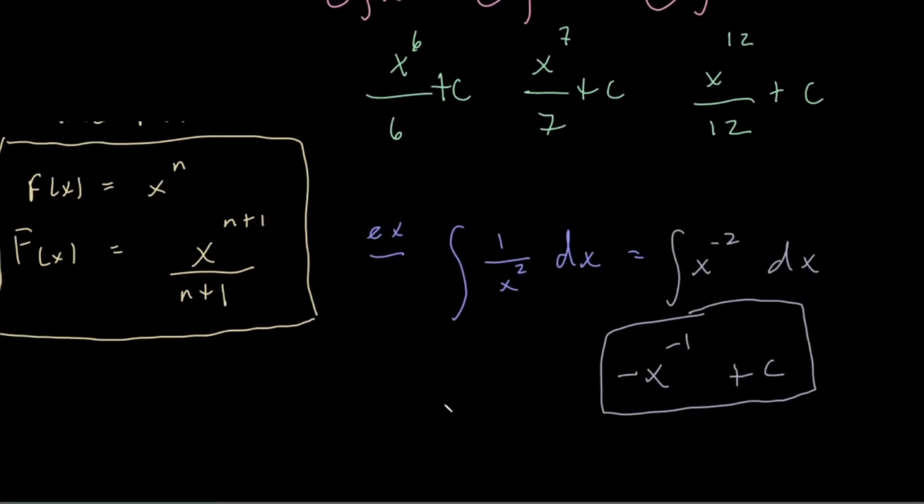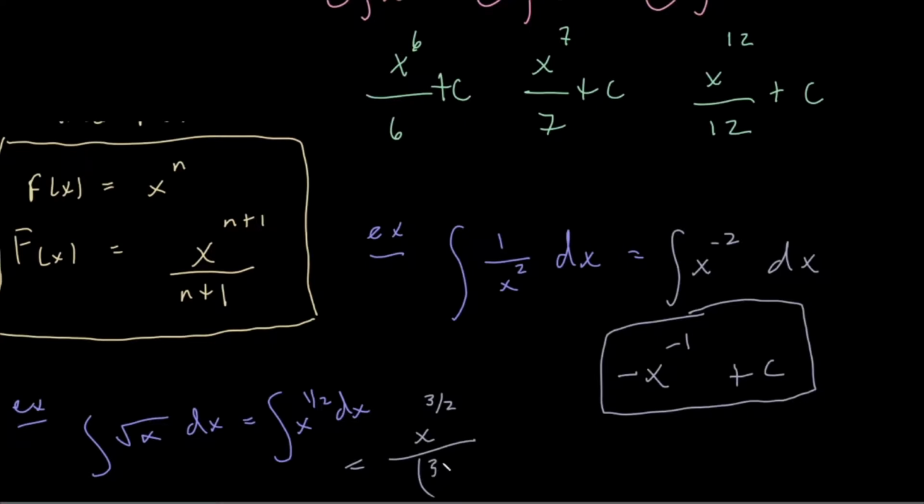Let me try another one. Let's find the antiderivative of square root x. Well, what's the actual exponent there? It's x to the 1/2. And so I want to increase the exponent by 1, so I get x to the 3/2, and then divide by the new exponent.